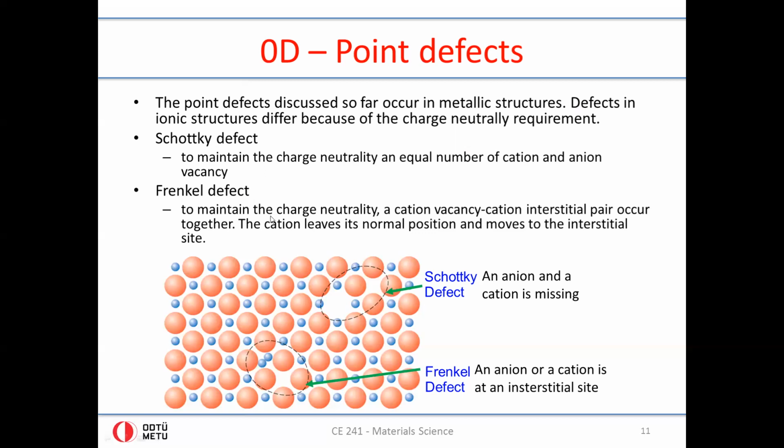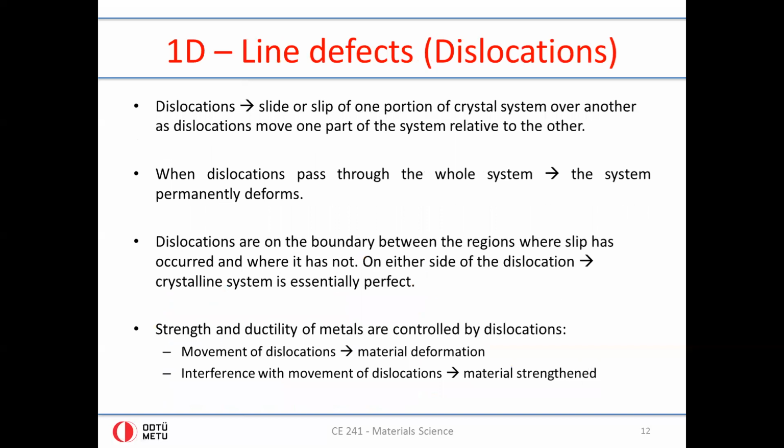Another type of defect, called a Frenkel defect, is when an anion or a cation is at an interstitial site. So this is quite similar to the case on the previous slides. But again, notice that here, overall, there is an electrical neutrality achieved, which is important for the structure to be stable.